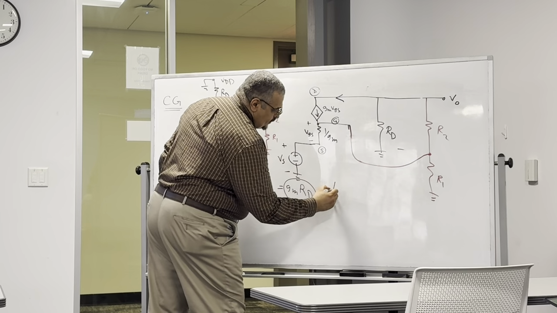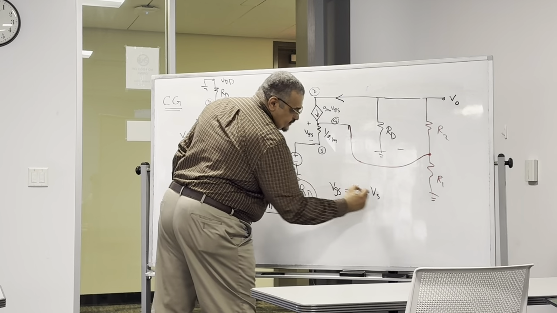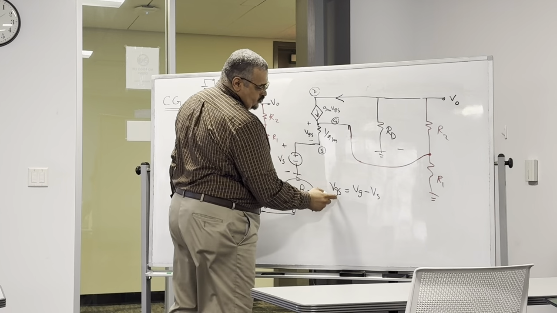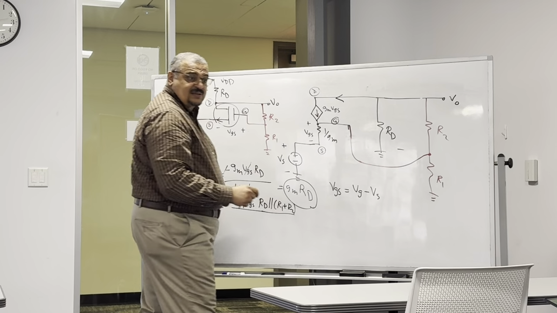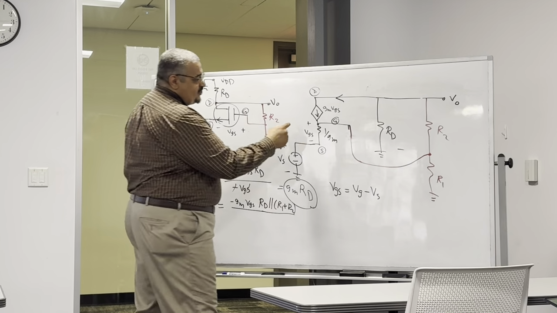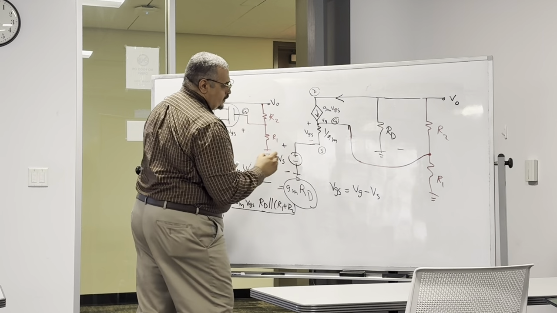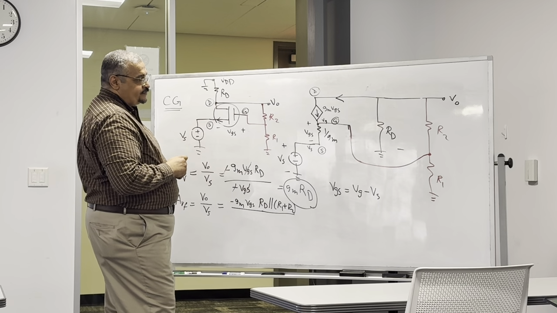I'm going to write it here. VGS is VG minus VS, right? Any voltage between 2 points or 2 nodes is the voltage of the first node minus the voltage of the second node. What's VG? VG is this one, right? And VS is this one, right? So what's VG?